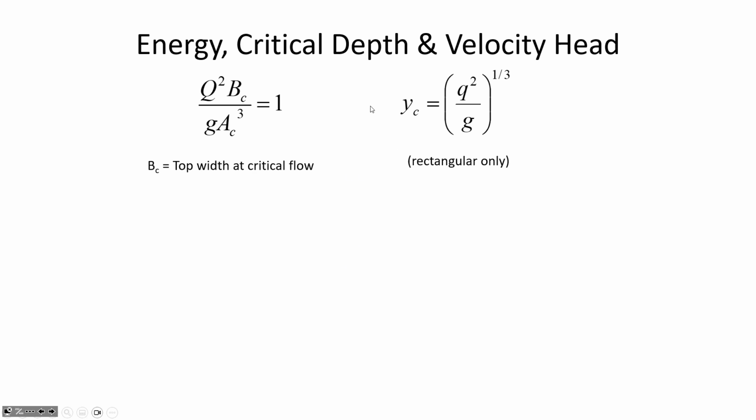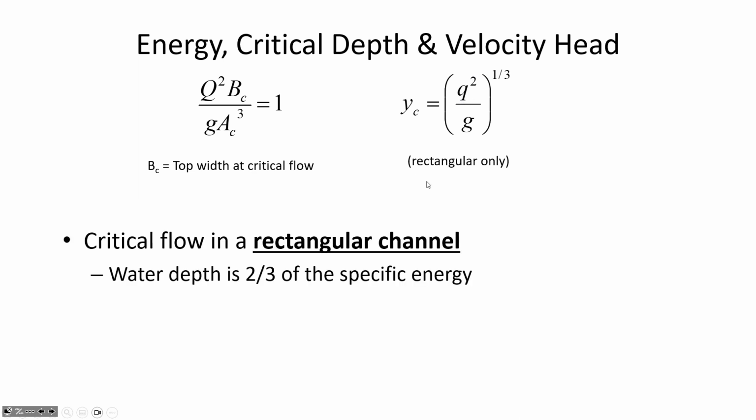Okay, so if we have critical conditions, then the Froude number is equal to 1. And if we have a rectangular channel, we can determine the critical depth with flow per unit width squared divided by g, to the 1/3 power. Now here's an interesting thing: when conditions are critical, the flow depth represents 2/3 of the specific energy that exists.